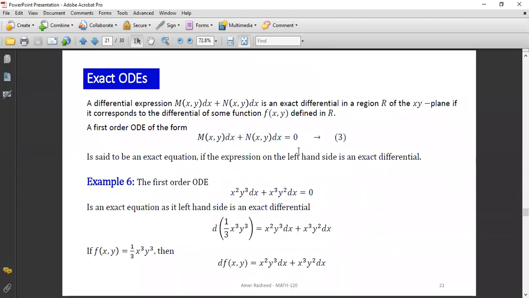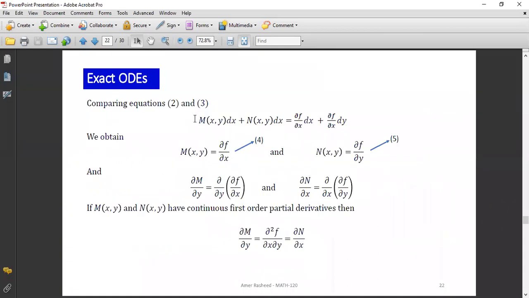If we compare these two, you can see that M of x, y must be equal to partial f over partial x, and N of x, y must be equal to partial f over partial y. Here we must have y. This is a typo mistake. So M is equal to partial f over partial x, and N of x, y is equal to partial f over partial y.